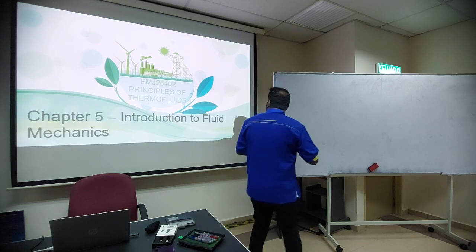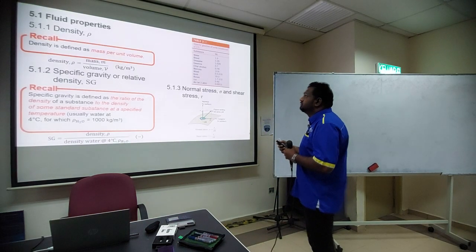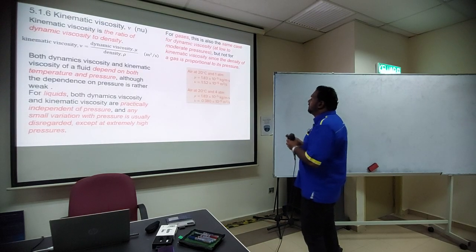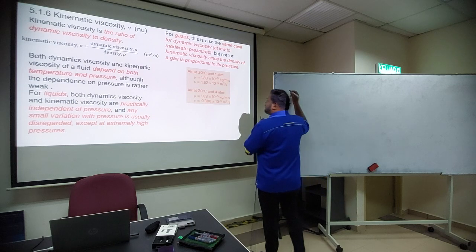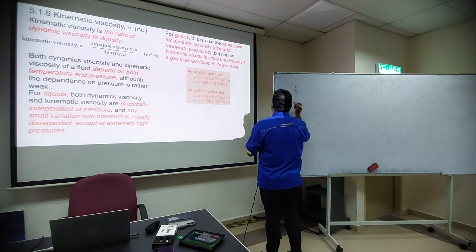So this is a different kind of v, nu equals mu over rho.